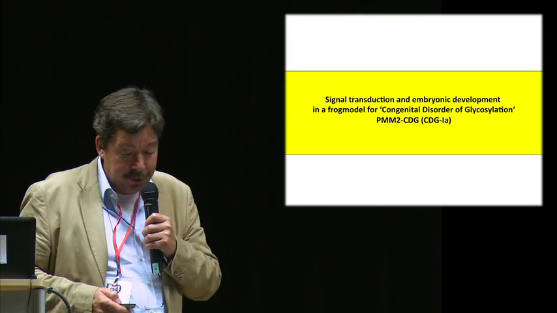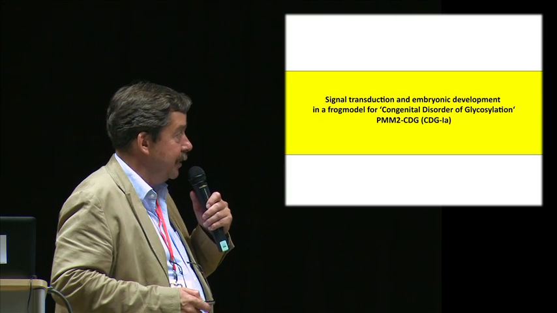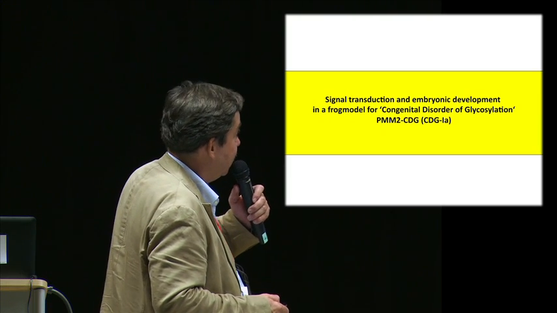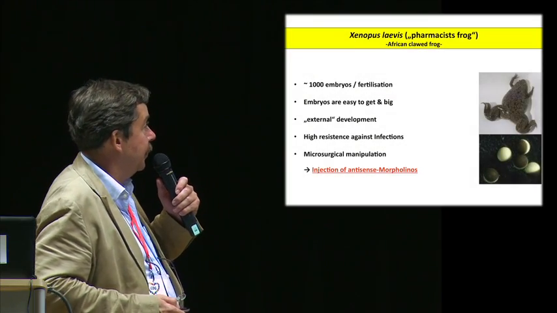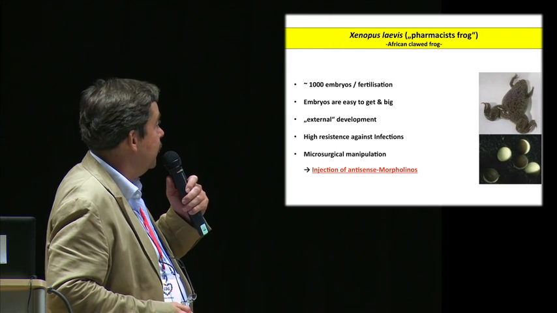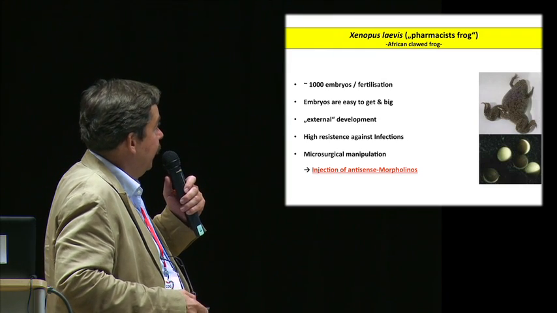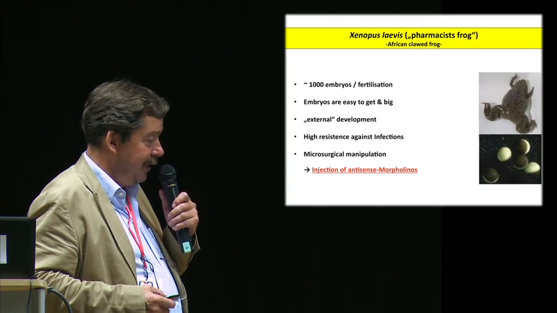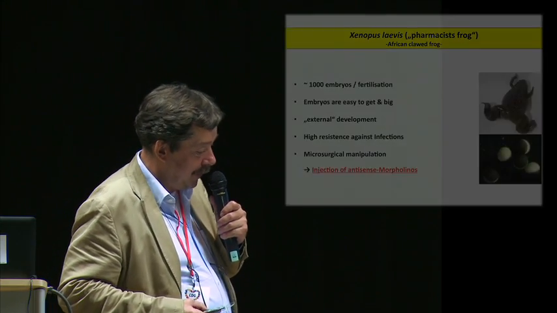It's also something really new and a bit crazy perhaps, but we started with a frog model for CDG-1A, and this was not a joke. The frog is a model which allows us to have a high amount of embryos. They are easy to get, and this is an interesting story.